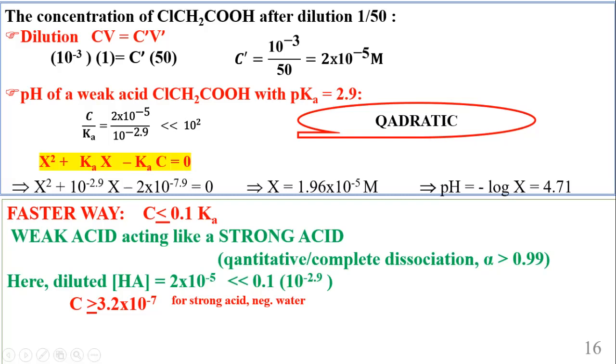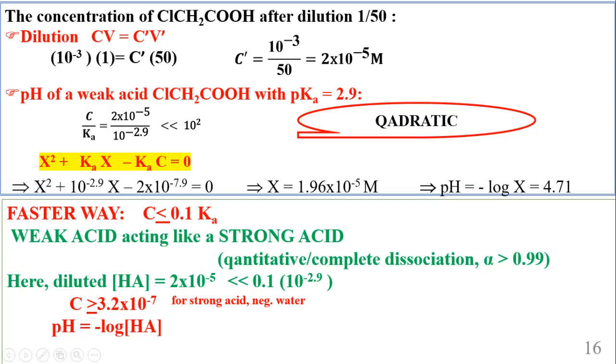Okay, and thus the dissociation is greater than 0.99 somehow, closer to complete. Okay? And actually, this is the idea. Look at this x. If we get the amount dissociated alpha, x is 1.96 times 10 to the minus 5. Divide that by 2 times 10 to the minus 5. Look at that. x is almost C. You know, so the amount reacted or dissociated is almost the initial amount.